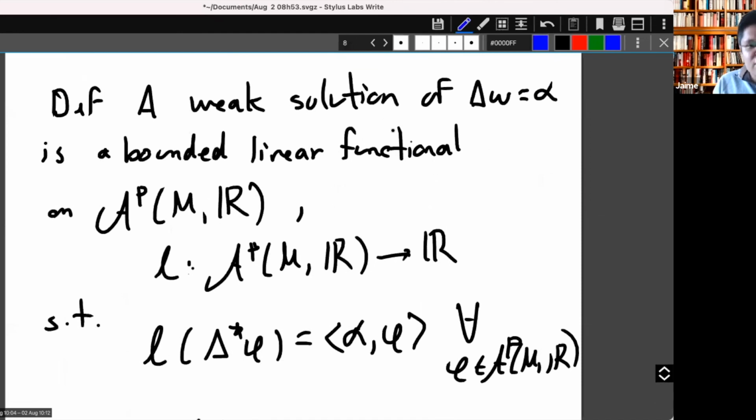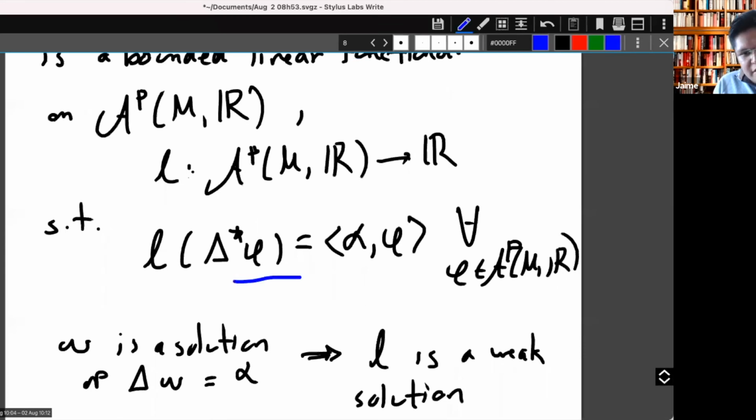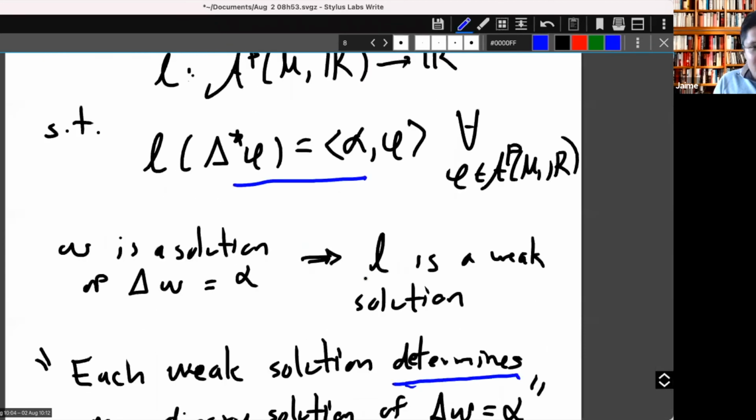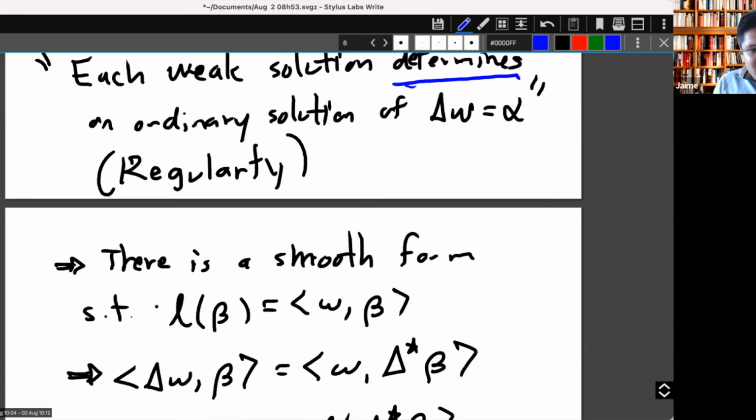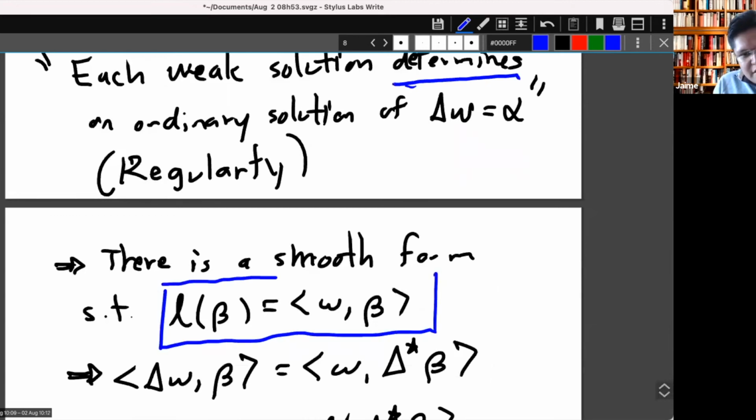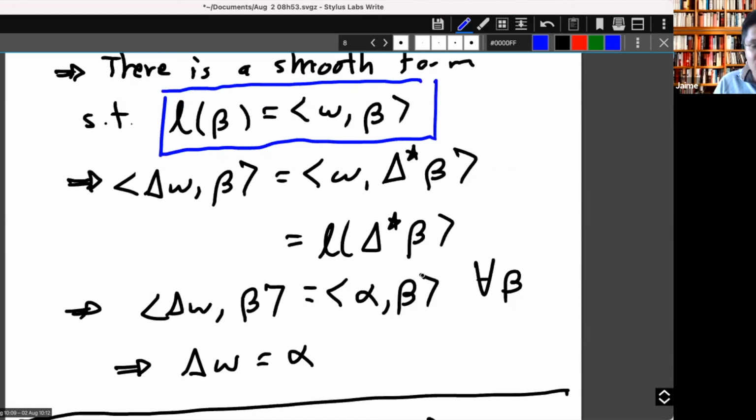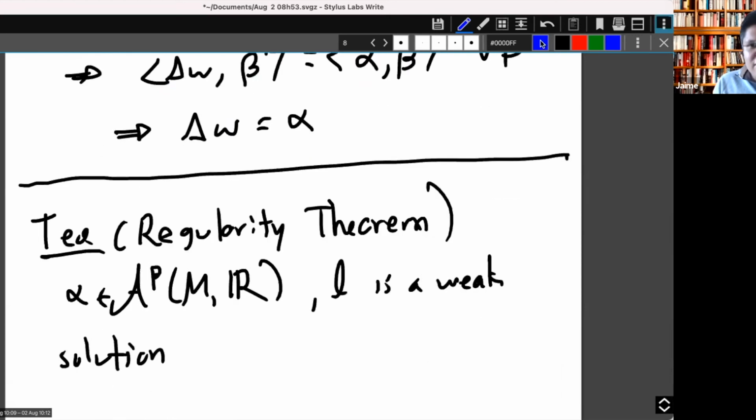A weak solution is just a bounded linear functional with this property here. But that doesn't mean that the bounded linear functional is of this form, okay? That's actually the input of the regularity theorem, okay? That's the strong part of the regularity theorem, that every weak solution is actually an inner product of something of some sort, okay?